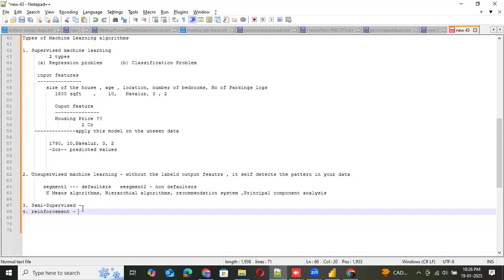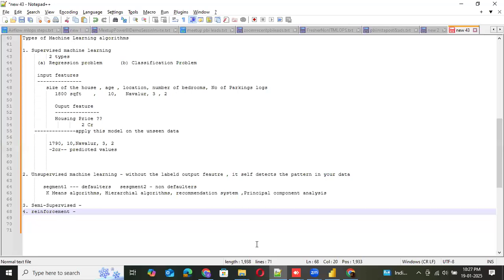Okay, so now we understood the two different types of supervised machine learning, right? Regression and classification. If you want to predict the target outcome variable which is a binary column or a categorical column, that is called a classification problem. If you want to predict the target outcome variable which is a numerical variable like housing price, that is called a regression problem.